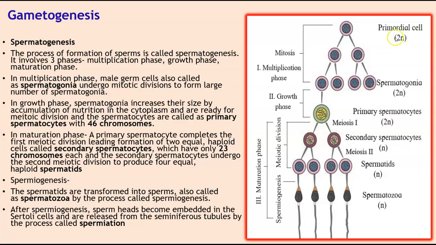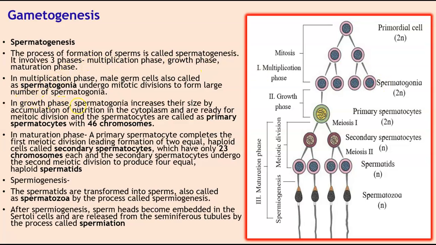You can see the initial primordial germ cells, which are 2n, of the seminiferous tubules. They undergo repeated mitotic divisions and produce large numbers of spermatogonia. This is the first, multiplication phase. Each spermatogonium is diploid, with 46 chromosomes.